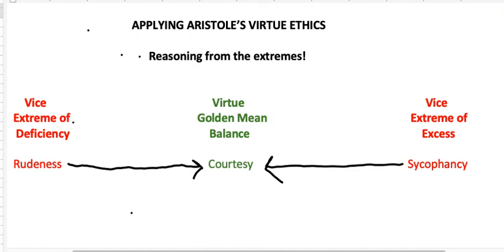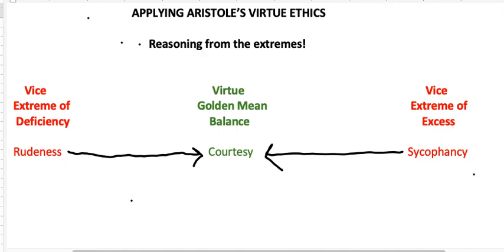And then your paragraph 5 will be enlightened by the fact that you have reasoned through these 2 extremes, and then the definition for courtesy to think about for you it will be courage, but for me it will be courtesy. So again, I'll be using these character traits as my examples, but you guys will be using the character trait of cowardice, courage, and foolhardiness.